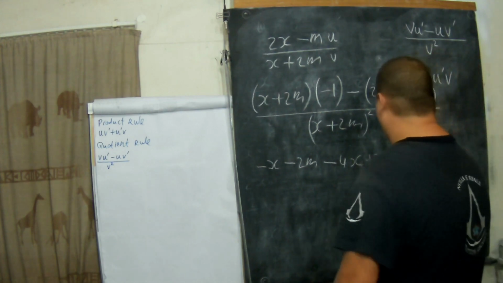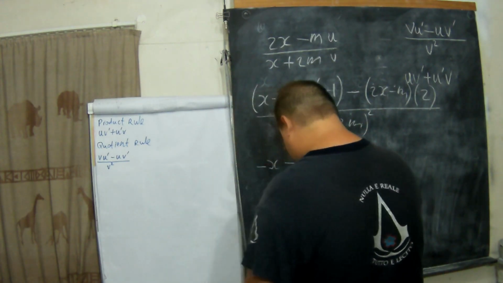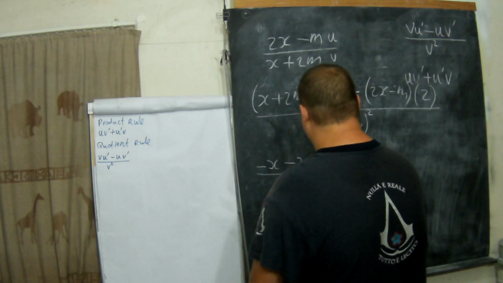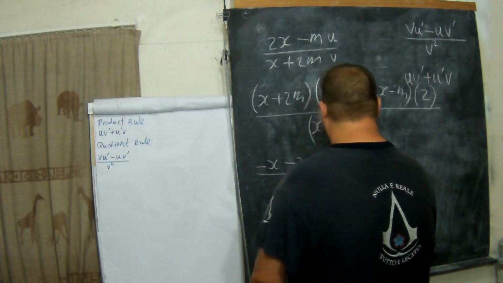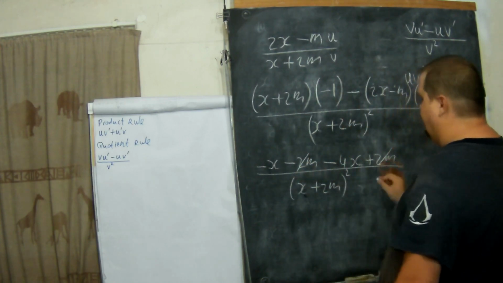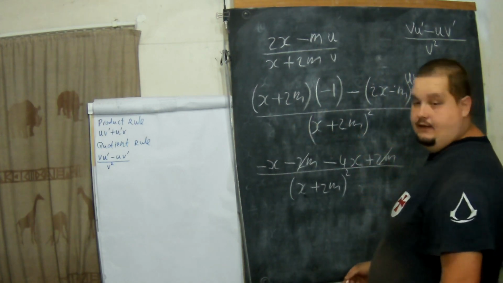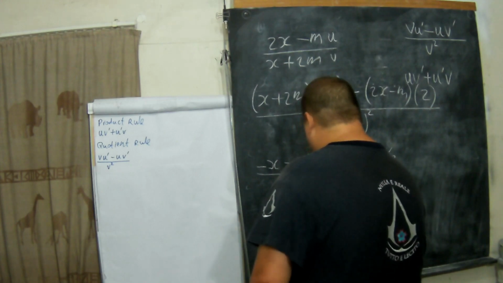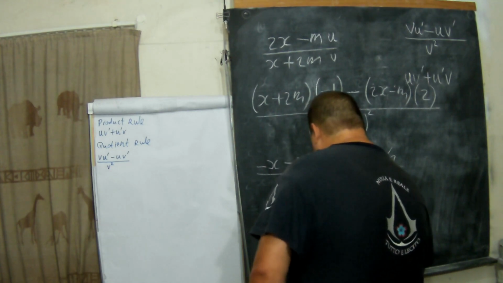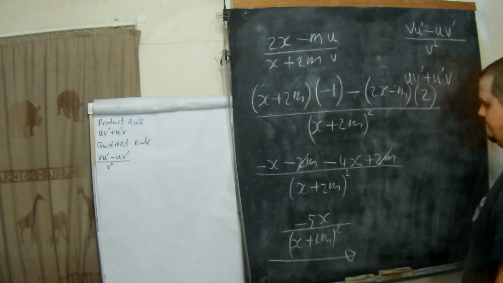So the sum will be minus 2m over (x plus 2m) squared. So minus 2m plus 2m cancel. Minus x minus 4x is minus 5x. So we have minus 5x all over (x plus 2m) squared. And that is our final answer.